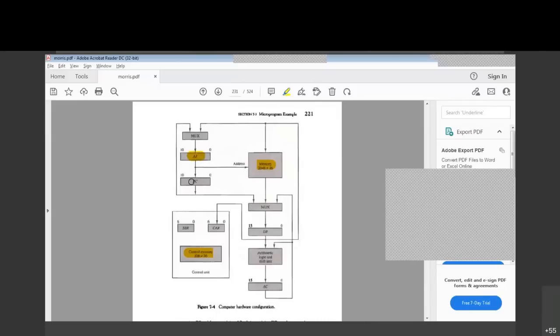Now we all know the purpose of registers: what is the address register for, what is the program counter, what is the data register, what is the accumulator? So here we are discussing the 4 main registers associated with our main memory. Now look at the size of the memory over here. What is the size of the memory? 2048 cross 16.